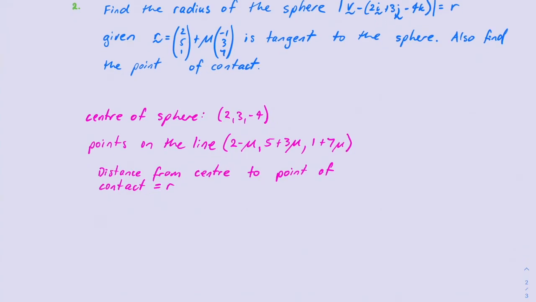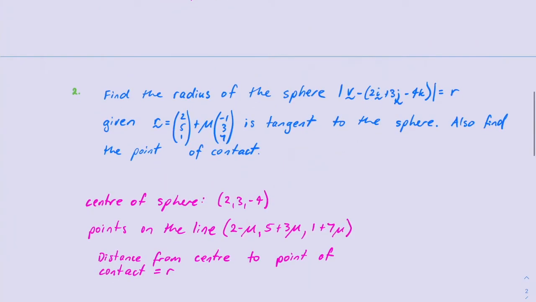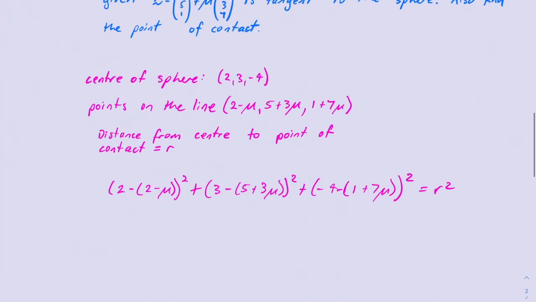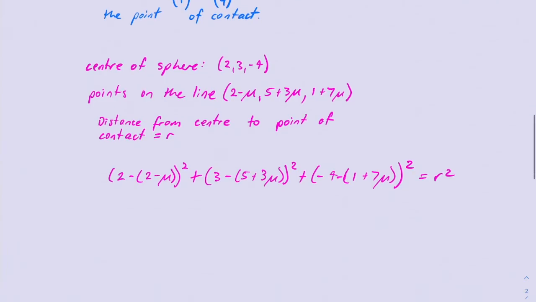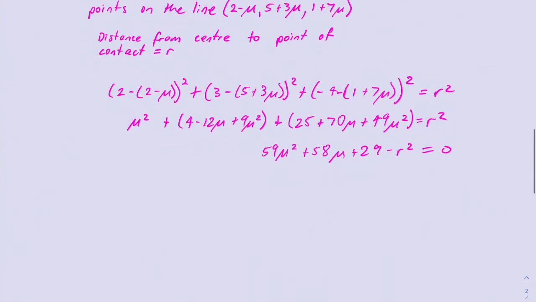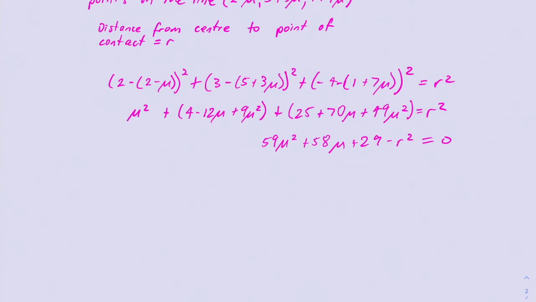Let's find the distance between those points. Subtracting and squaring the x's, the y's, and the z's would give the radius squared. And that's exactly the same as plugging it into the equation of the sphere as well. So let's expand that all out and simplify. You can see I've brought the r squared over to this side.